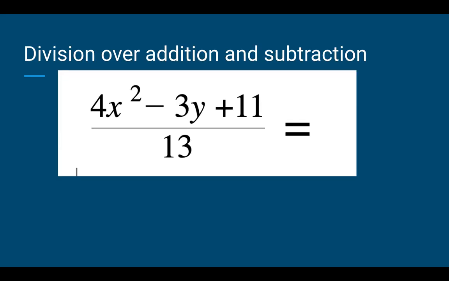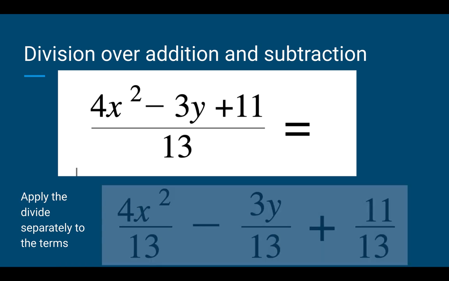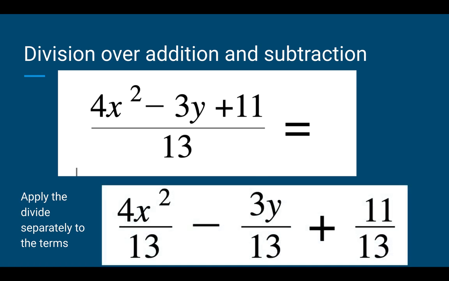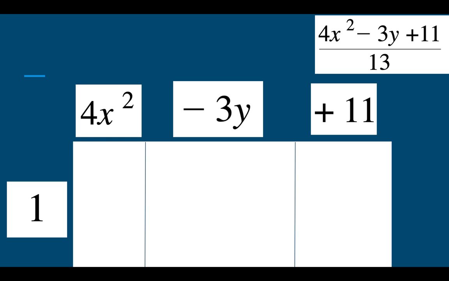Okay, so why does it work here? This one's probably less familiar to some people, but it is the same idea as what we were doing just now. We can apply that divide to each term separately, so we can think of each of those terms as just being over its own 13. So what would that look like as a picture?